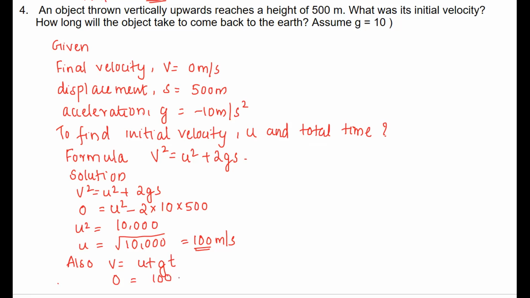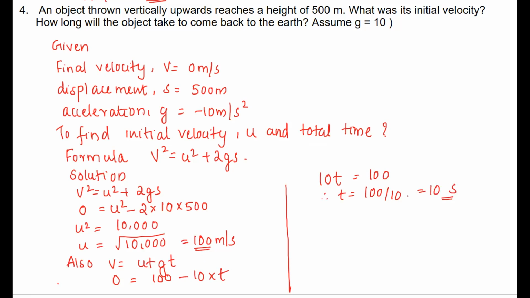So 0 is equal to 100 minus 10 into T. Minus 10T when we are taking to other side, we will get 10T is equal to 100. Therefore, T is equal to 100 upon 10, that is equal to 10 seconds. This is the time taken by the object to move upwards.